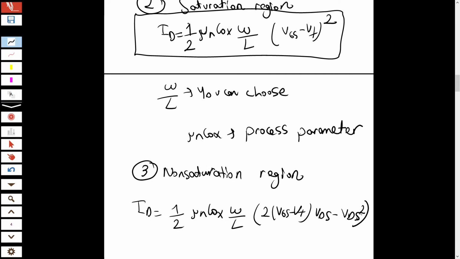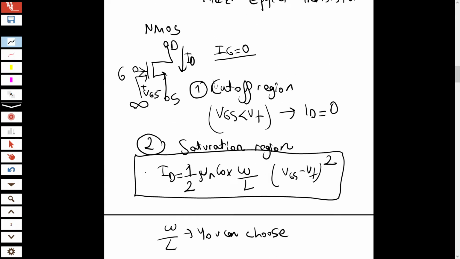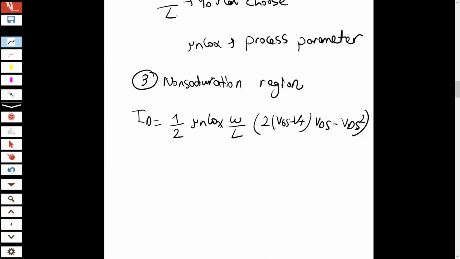So how can we tell whether our transistor is in saturation region or in non-saturation region? Basically, if we look at the VDS value, if VGS minus V threshold, and we call it V overdrive, is greater than VDS, then my transistor is in non-saturation region.